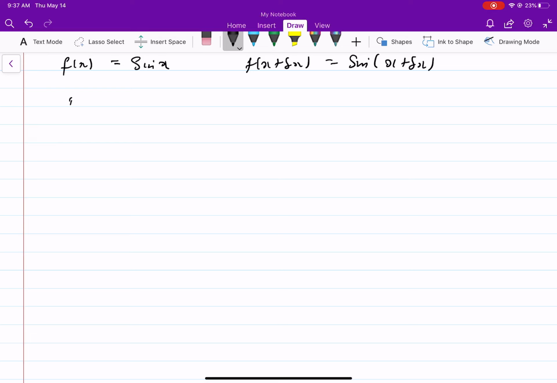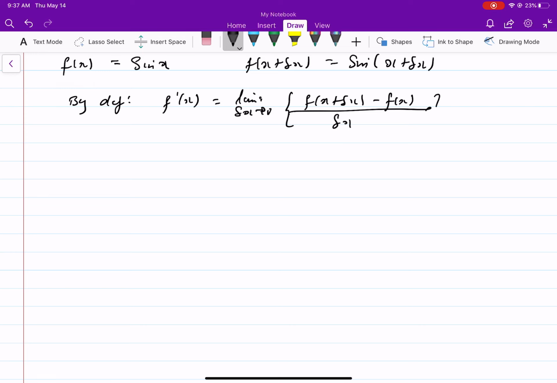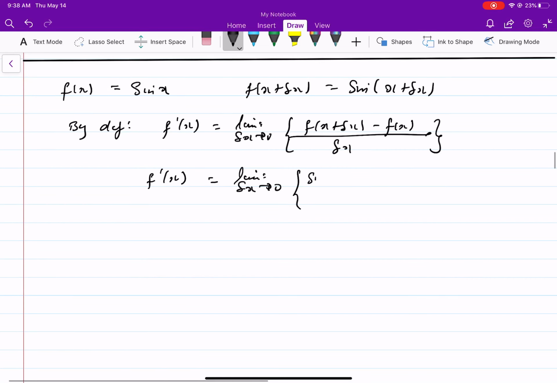By definition, f prime of x will be the limit as delta x approaches 0 of f of x plus delta x minus f of x, all divided by delta x. F prime of x is the limit as delta x approaches 0 of sine of x plus delta x minus sine x all over delta x.